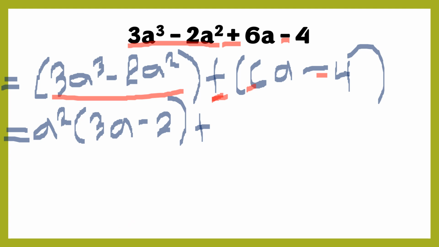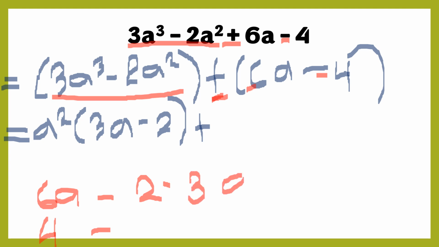Now, let's solve for the second binomial using common monomial factoring. Okay, the first term is 6a. And the second term is 4. Now, the greatest common factor of 6 and 4 is 2. Now, 6 divided by 2 is 3, and we have a here. 4 divided by 2, the answer is 2.